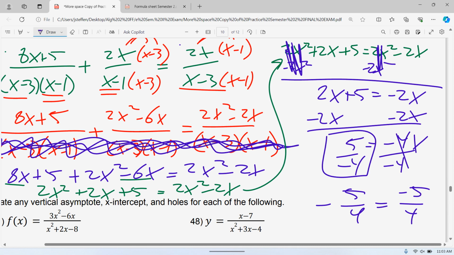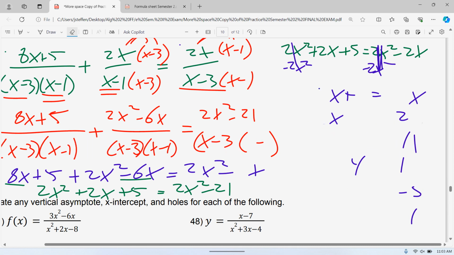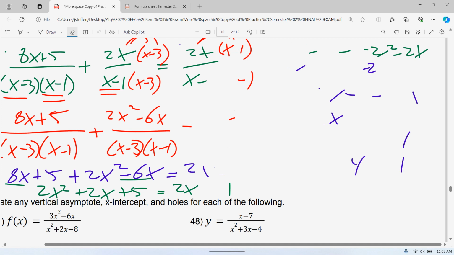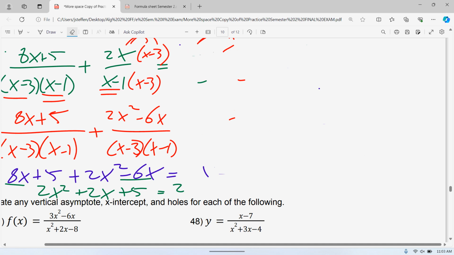Okay, so let's erase a bunch of this. What are the excluded values?